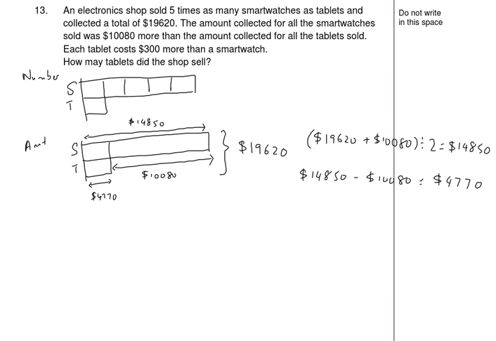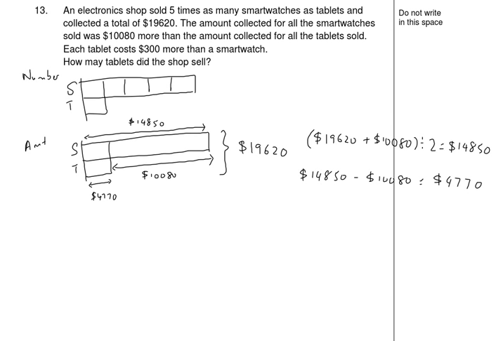Okay. This amount, $14,850 spent on smartwatches, is for 5 units of smartwatches, right? And for the tablets, $4,770 is for 1 unit. You can also think of the 5 units as 5 boxes of smartwatches, but we don't know how many smartwatches are in one box.